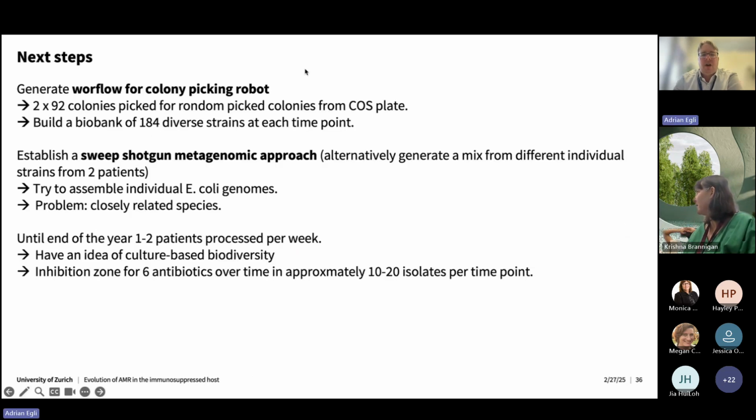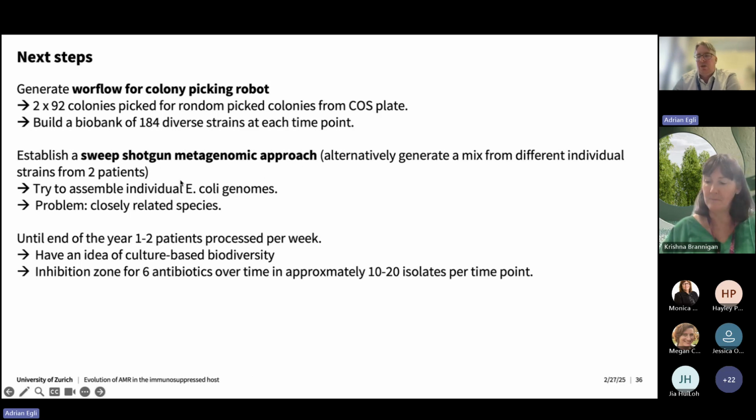She has now started to work this up in more detail. So the next steps here are to obviously look into this. I think a very important challenge we currently face is how to sequence this. I just recently talked to a colleague here locally where a sweep shotgun metagenomic approach might be a possibility.